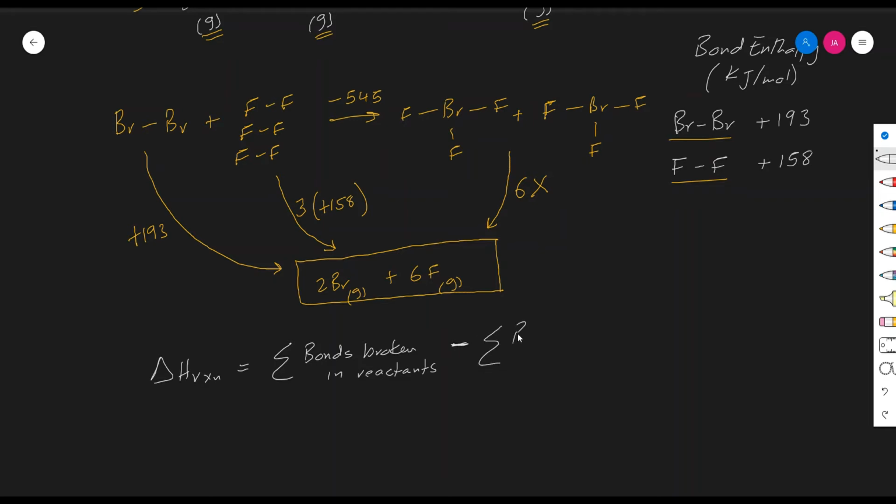Subtracted from the sum of bonds formed in products.